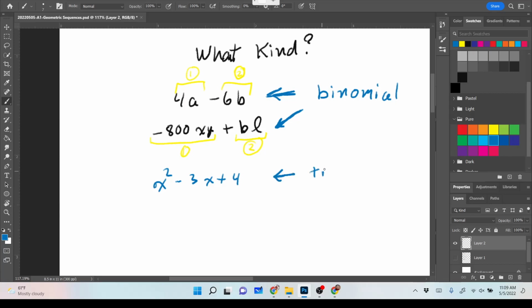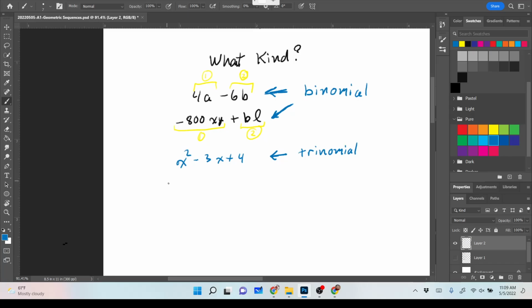So is this: ab minus 6, 2x plus 3. This is also a trinomial.